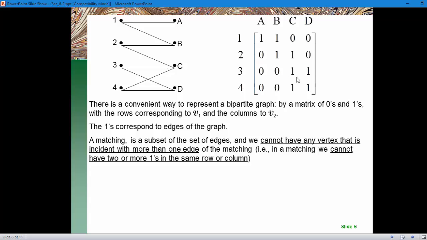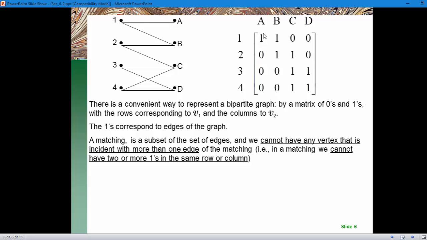Now, if we work with this type of matrix, then we can also have some analogous definitions for matching and maximum matching. A matching would be selecting some of these ones that you see here in the matrix. If I select this number 1, I'm actually selecting the edge 1A.